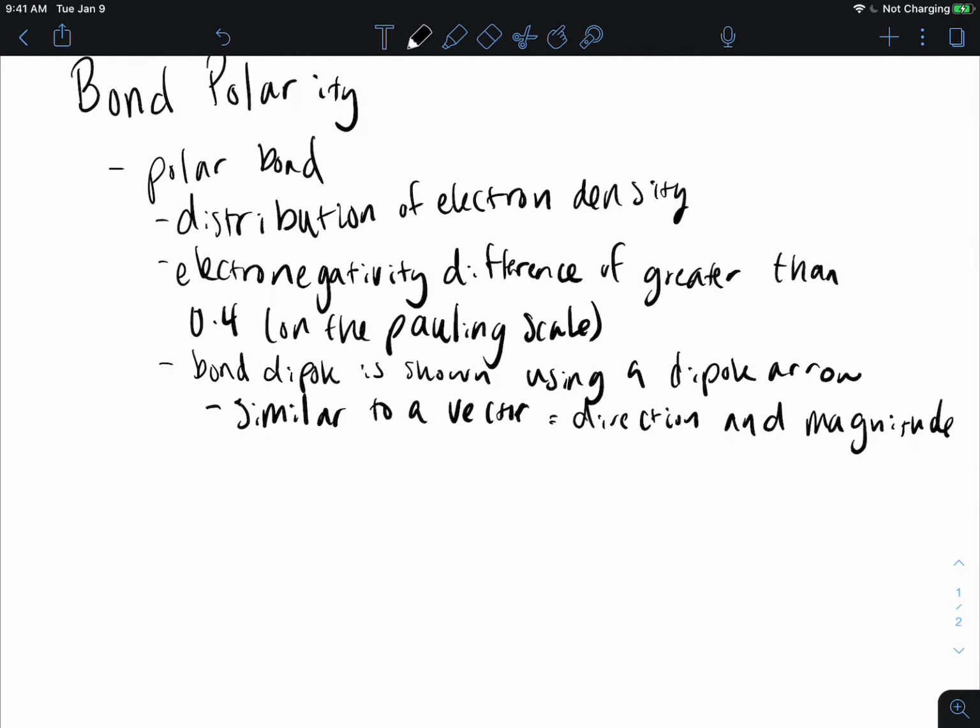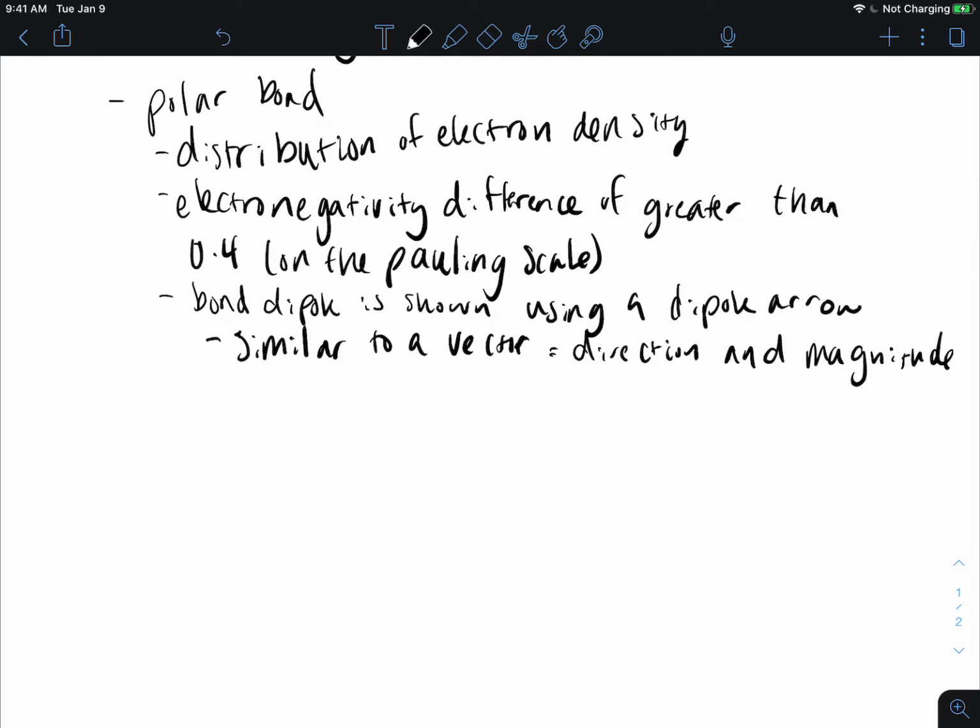An actual vector is going to be pointing in the positive direction, while a bond dipole is going to be pointing in the negative direction. So the arrow of the bond dipole will point towards the area of greater electron density.